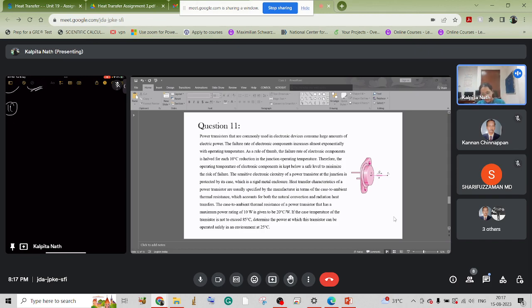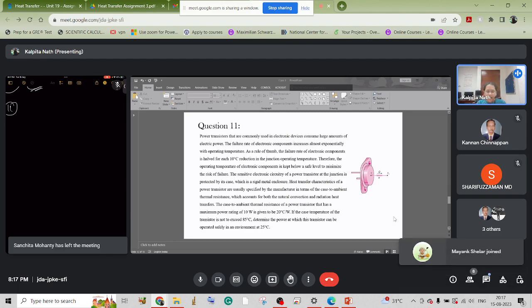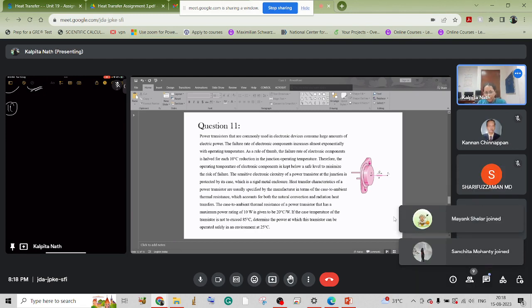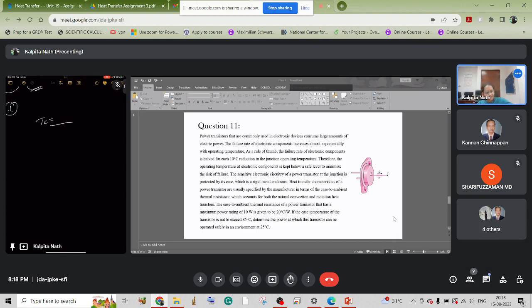From the thermal resistance network, we can see there is only a single resistance. There is no more resistance. The resistance is already given here as 20 degrees Celsius per watt. So between the case temperature, which is the safety limit of 85 degrees Celsius, and the ambient temperature, which is the atmospheric temperature of 25 degrees Celsius, lies this resistance.